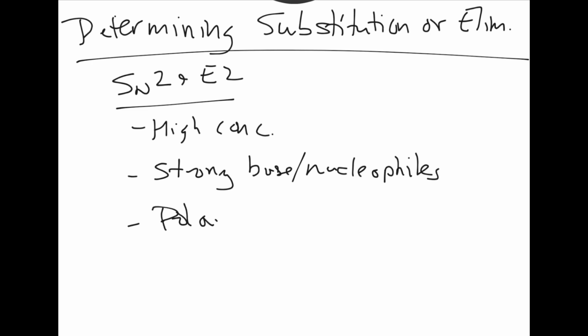They both like polar aprotic solvent. So how do we determine if we're going to do a substitution or elimination? The first thing we can do is look at the halides that are involved. The structure of the alkyl halide is going to tell us which of these two reactions we can do.